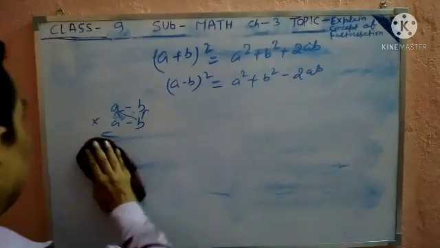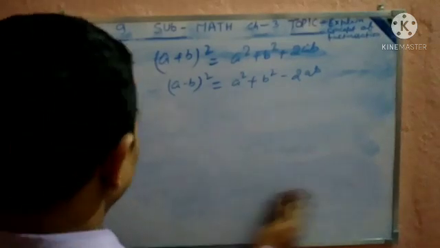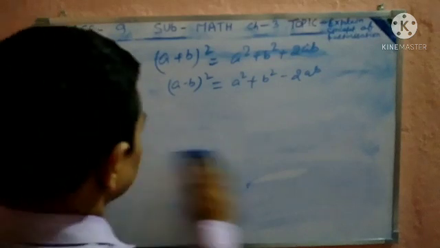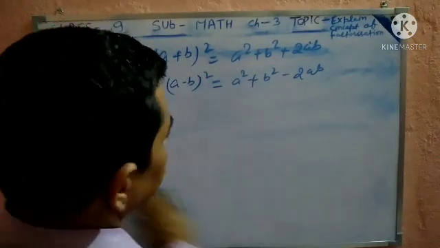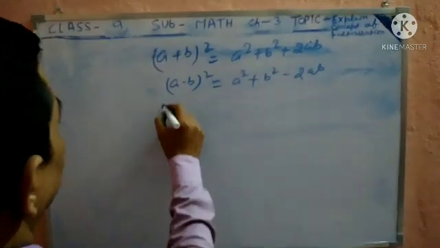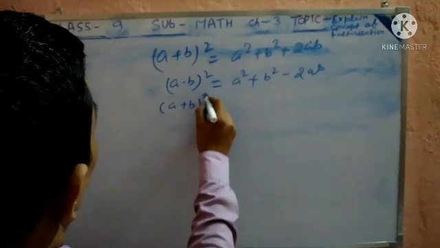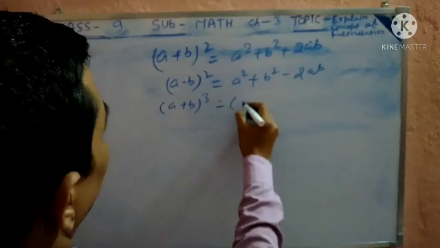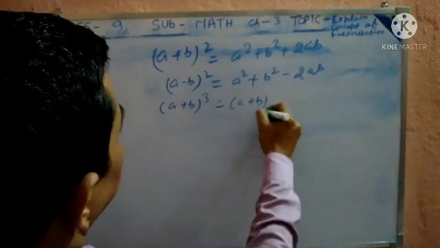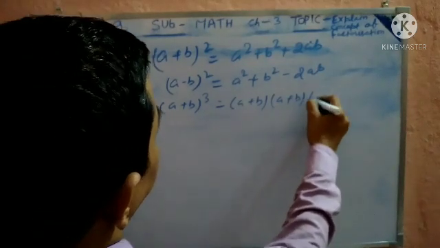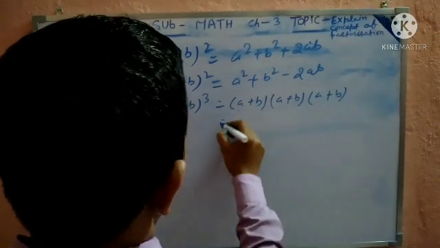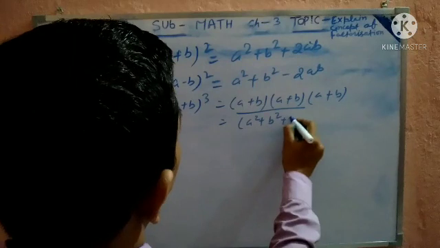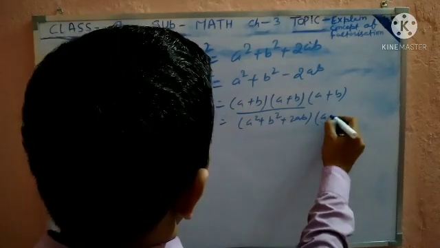Now take another formula used in this factorization chapter, a plus b whole cube. That means a plus b, a plus b, a plus b. The first two give a square plus b square plus 2ab, and then a plus b.